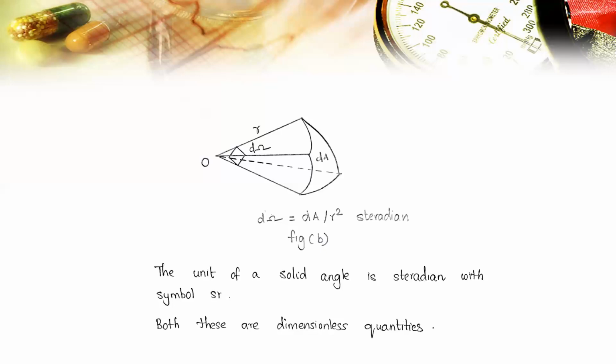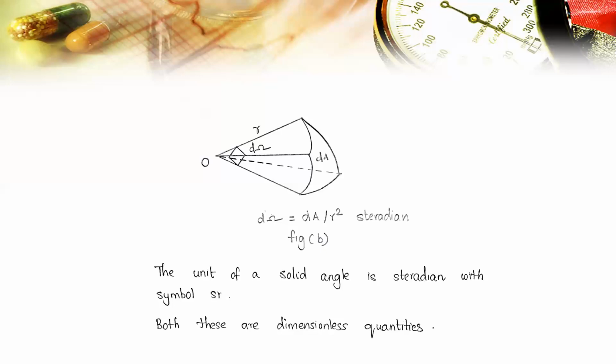Therefore, the solid angle d omega is equal to dA by r square, where r is the radius of this cone. Therefore, we can use this SI unit, steradian, to measure the solid angle.